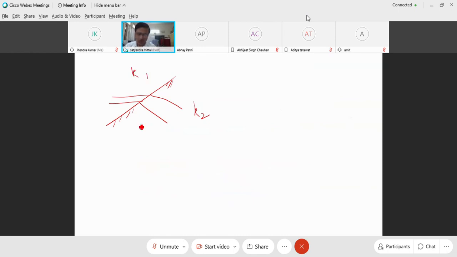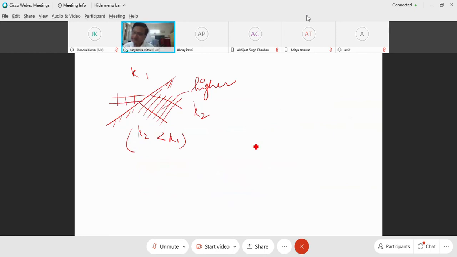So this is the K2 less than K1 case. So here this will be the flow net. So this is higher. These will be squares.